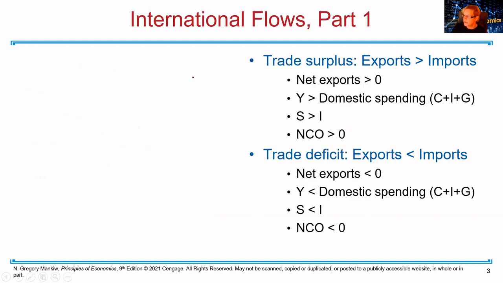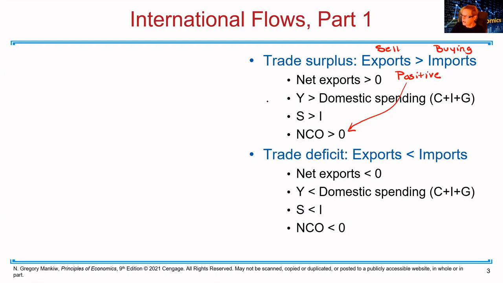Okay, if there's a trade surplus, again, remember that we're selling more than what we're buying, which is not what we have in the United States. Then our net exports will be positive, which means likewise that our net capital outflow would have to be positive. Now, what does that mean in terms of GDP?